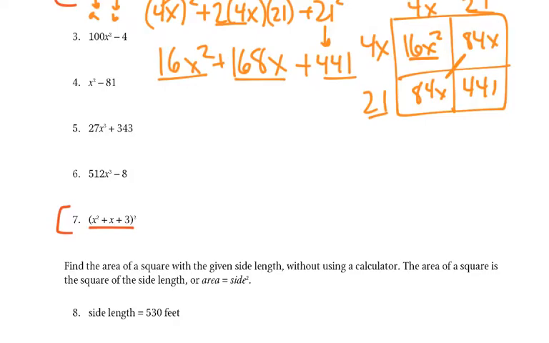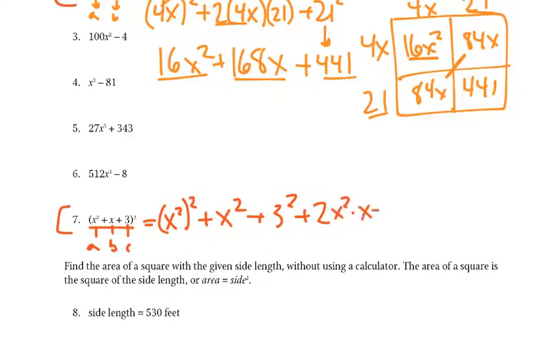Okay, so that would be A, B, and C. So for this one, it would be x squared, squared, plus x squared, plus 3 squared, plus 2 times AB, x squared times x, plus 2 times BC times x times 3, plus 2 times AC, x squared times 3.